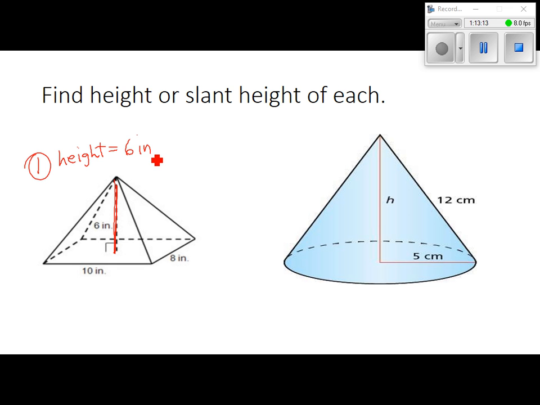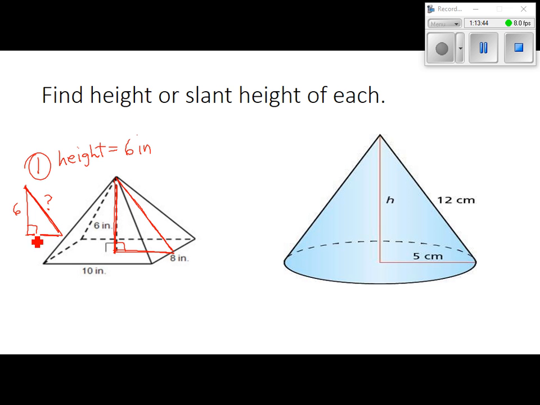So if we wanted to find the slant height, which is coming directly down one of the sides, like you were sliding down one of the sides, well, we can form this, and that's always going to be a right triangle. And that right triangle, if I draw that right triangle off over here, this is 6, the height, that's 6 inches. And we're looking for this, the slant height, so that's what we don't know.